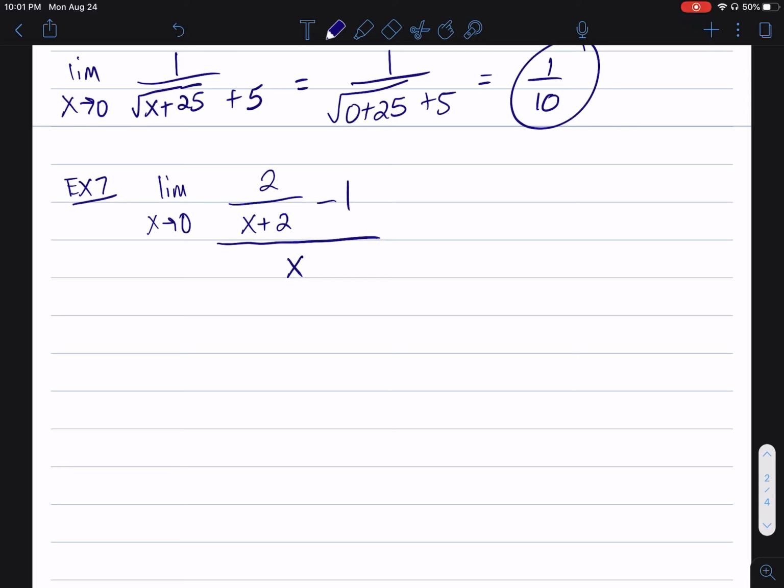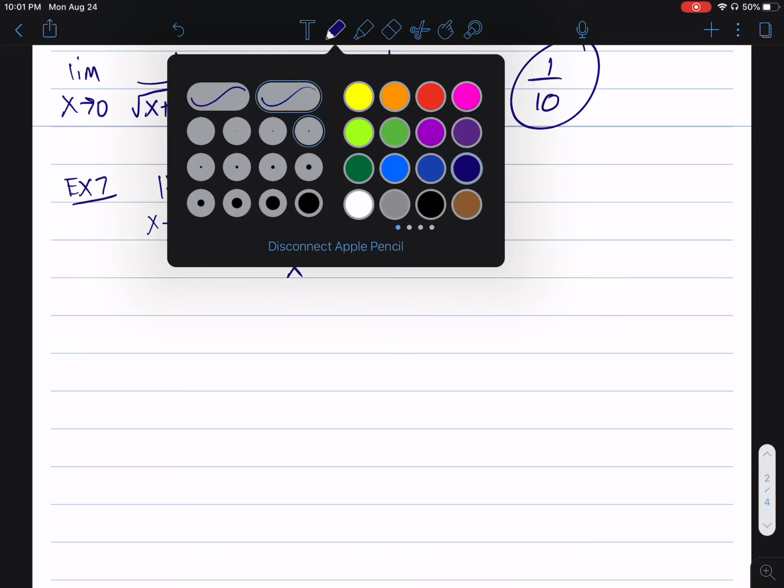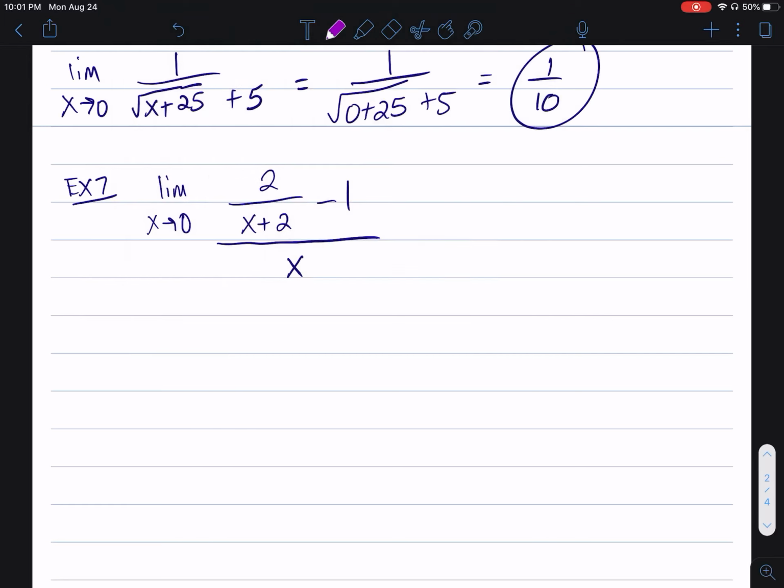My first thing that I want to do is get rid of these double fractions. So what I can do is multiply by this bottom piece so that I can get it to cancel. So I'm going to multiply top and bottom by x plus 2.